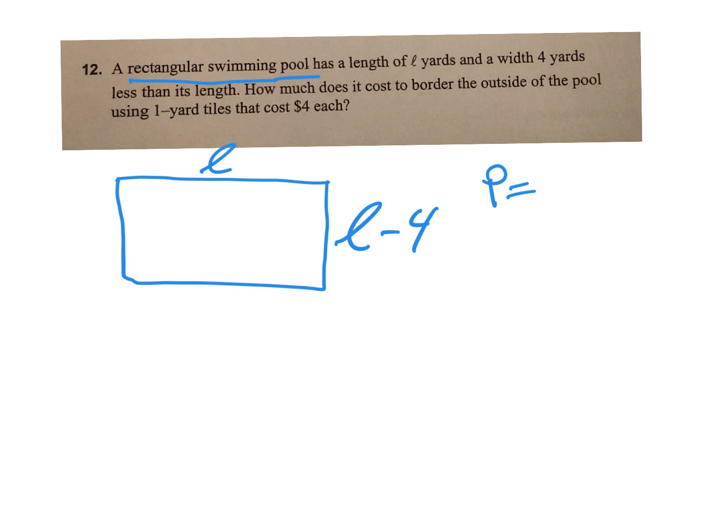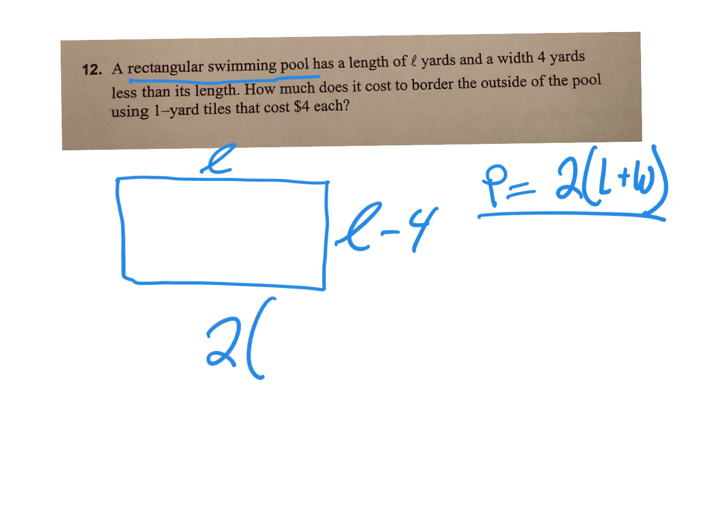And the perimeter is 2 times the length plus the width. Okay, so if I use that as my formula, the perimeter is going to be 2 times my length, which is L, plus my width, which is L minus 4.